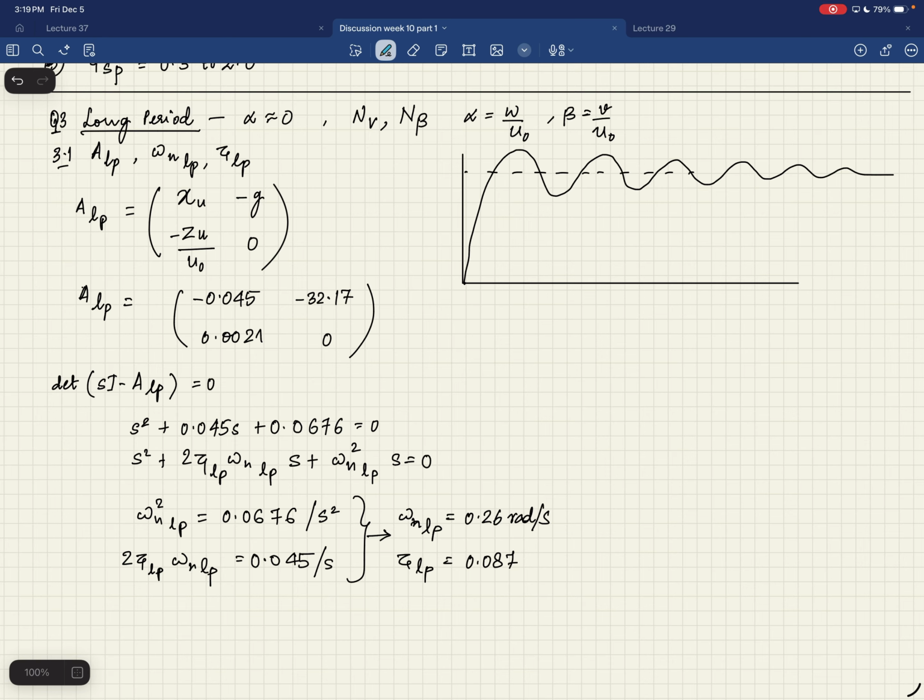Like if I try to compute the settling time, Ts is 4 over zeta omega natural, right? So let's compute that. 4 over roughly 0.09 times 0.26.